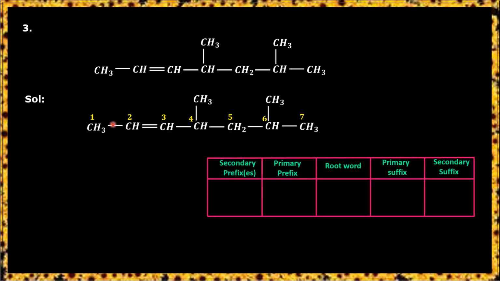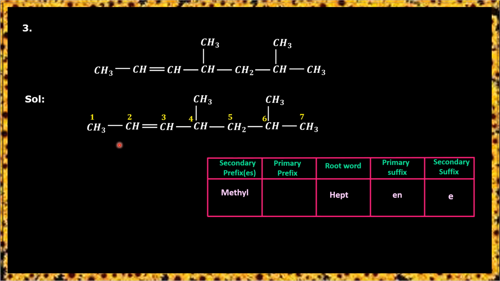So the root word: 7 carbon atoms are there. The root word is hept, primary suffix en because a double bond is there. Secondary suffix is e, and secondary prefix methyl. 2 methyl groups are there attached to the 4th and 6th carbon atoms.